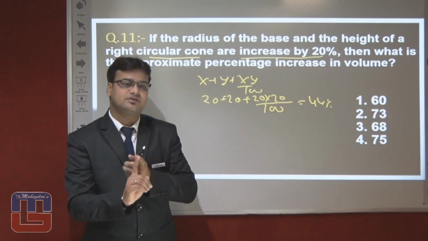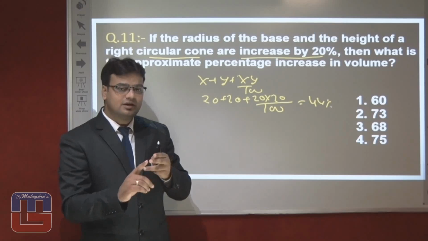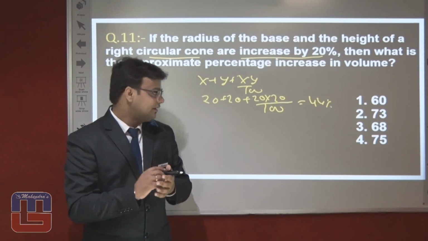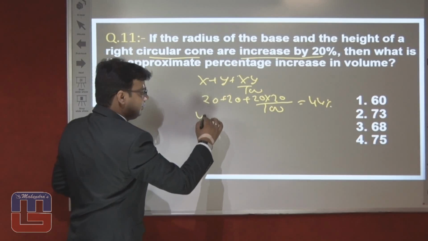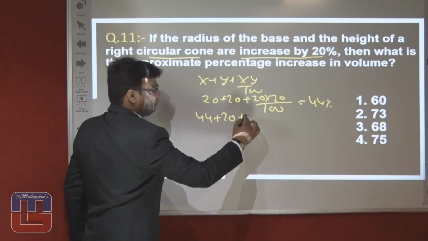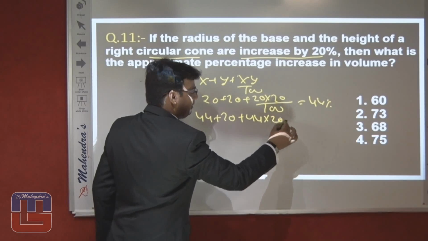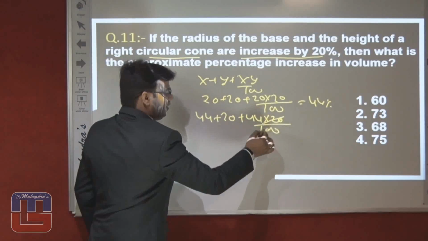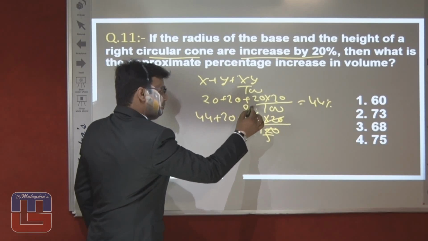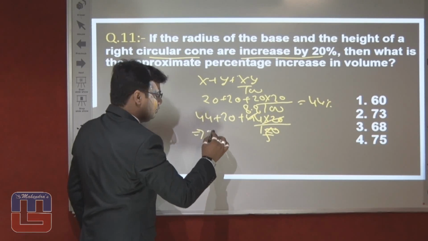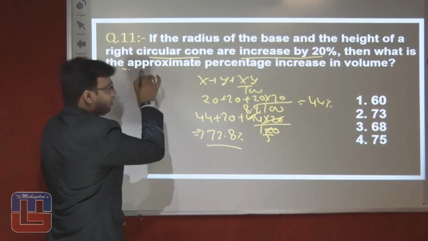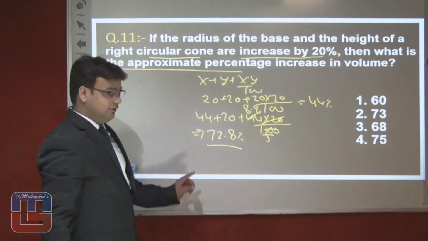Then we use successive percentage again, because the volume of a solid is area of base into height. That means 44 plus 20 plus 44 into 20 by 100. Then we get 64 plus 8.8, that means 72.8%. Here we are required to give the approximate value, not the exact value.